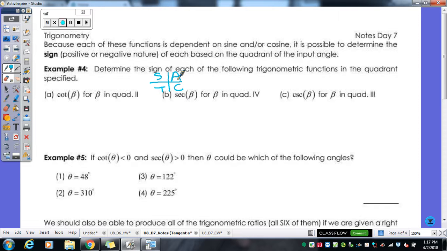Only sine is positive in the second quadrant, tangent in the third, cosine in the fourth. The reciprocal functions go along with the originals. Since sine is positive here, cosecant is also positive there. Tangent is positive down here, so cotangent is also positive there. And secant is positive where cosine is positive.